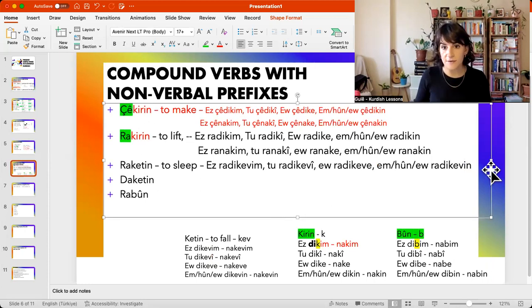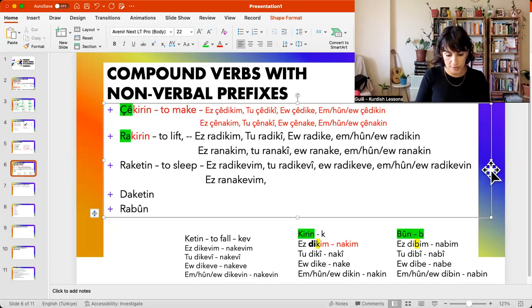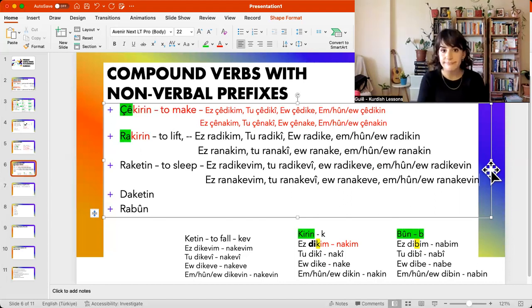A negative form. Do you have an idea? Can you guess the negative form? As ra nakevim, tu ra nakevi, ev ra nakeve, em hun ev ra nakevin.